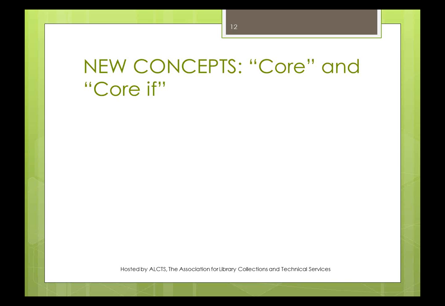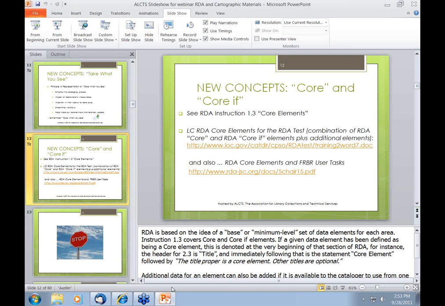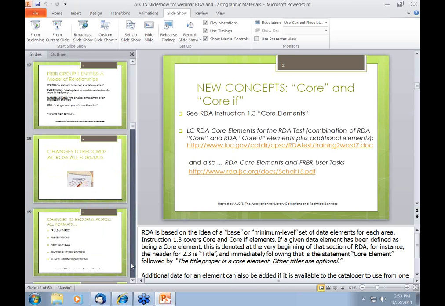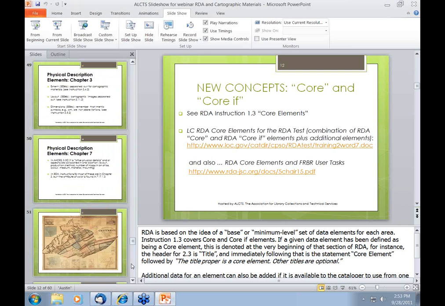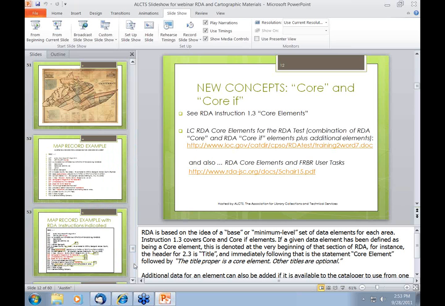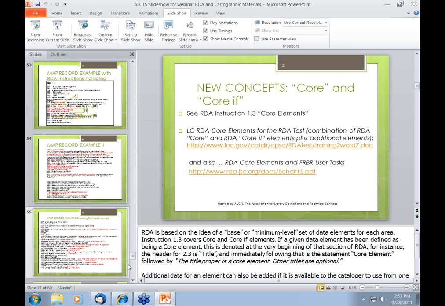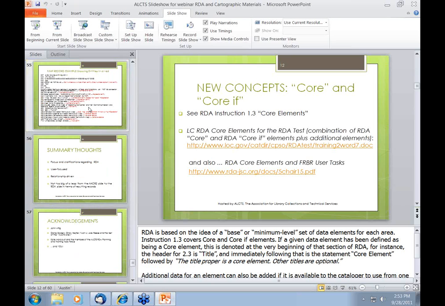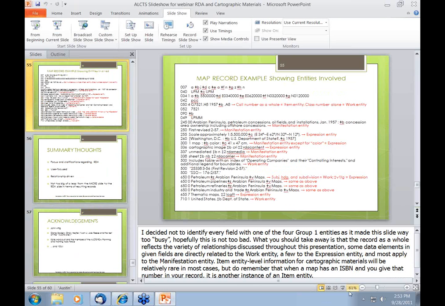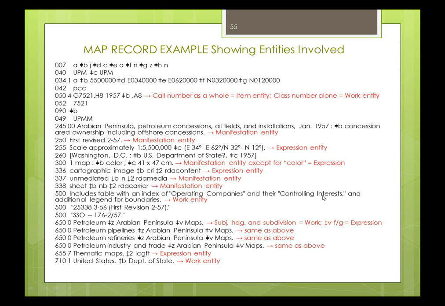Let me pop up the slide that shows the various entities. Is that the one? I think one more to go here. Yes. So for instance, I cannot off the top of my head come up with a distinct map that's a work.